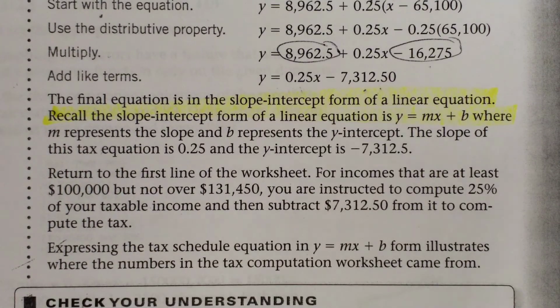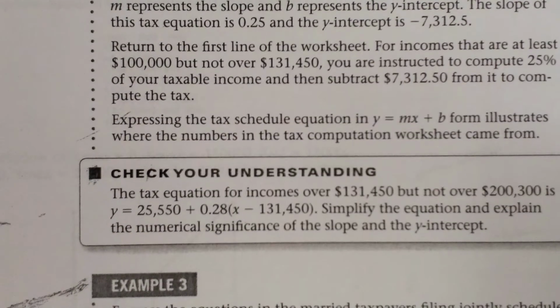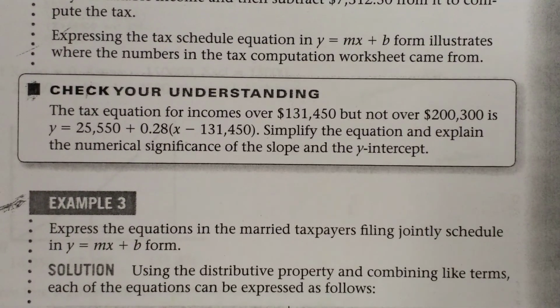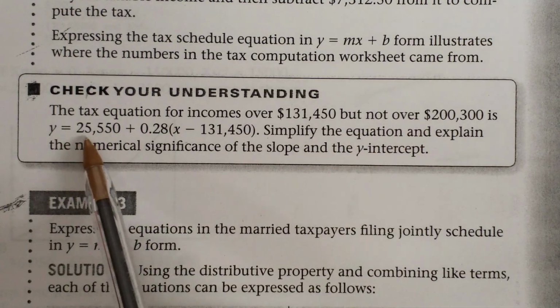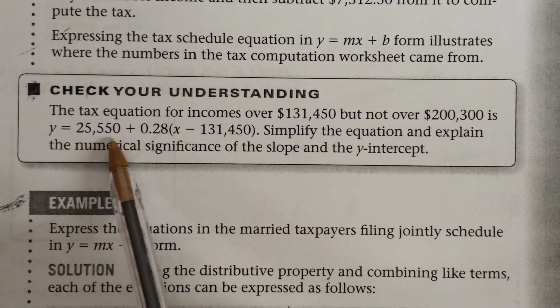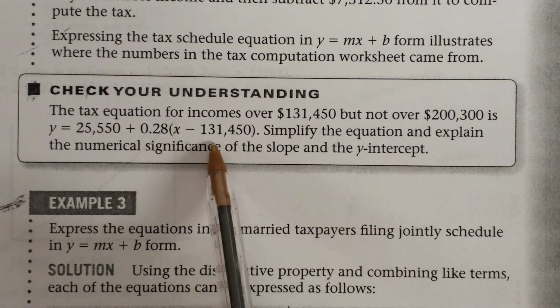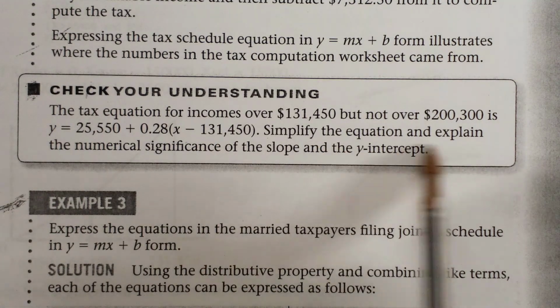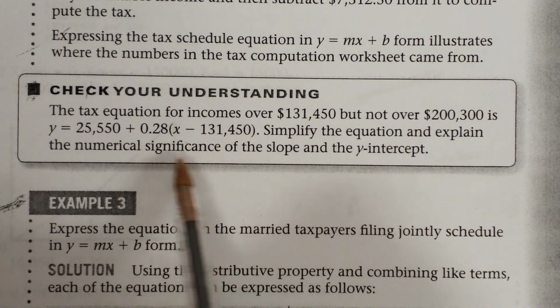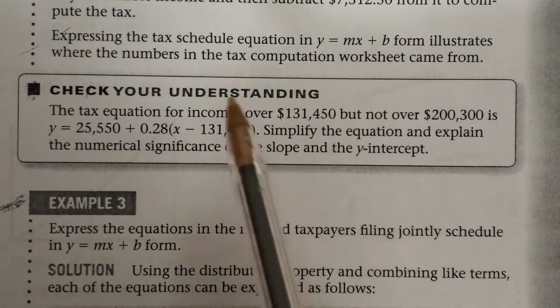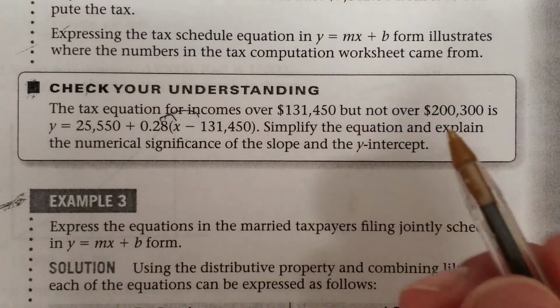Okay. So let's look here. The tax equation for incomes over 131,450 but not over 200,300 is y equals 25,550 plus 0.28 times x minus 131,450. Simplify the equation, explain the numerical significance of the slope and the y-intercept. So to convert that to slope-intercept form, I'm going to distribute here.